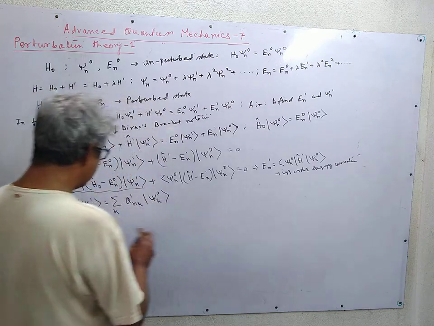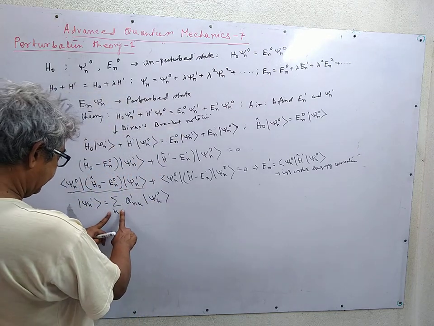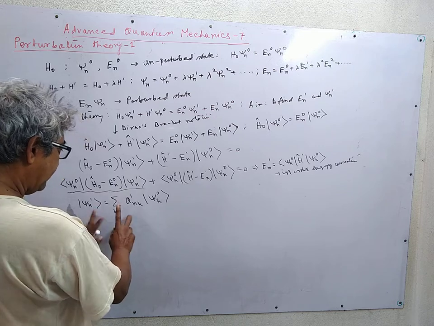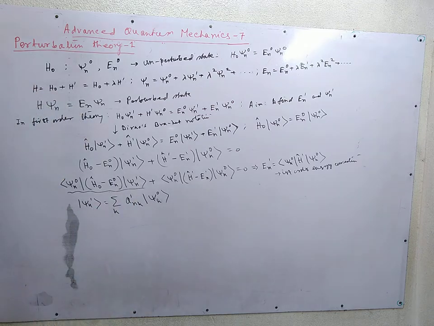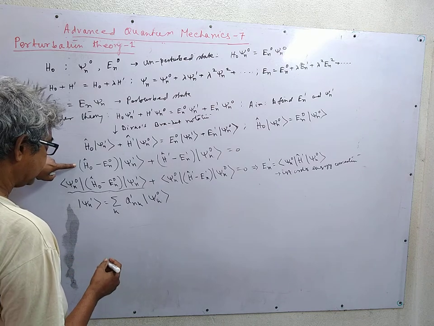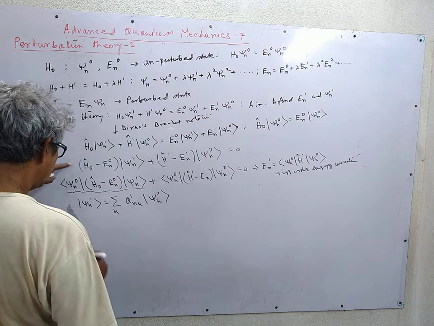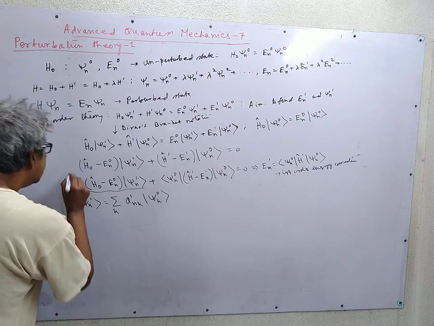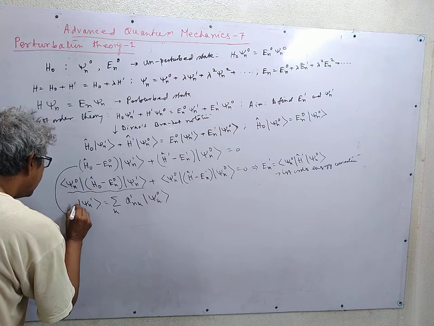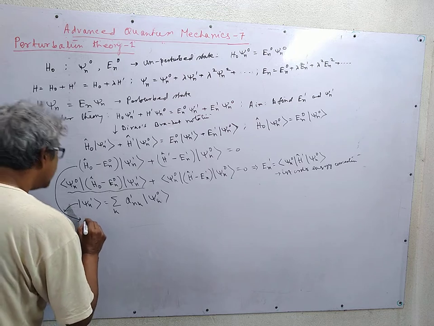However, we shall keep this symbol simple and write it like this. And we use this in this relation. So we have this relation.